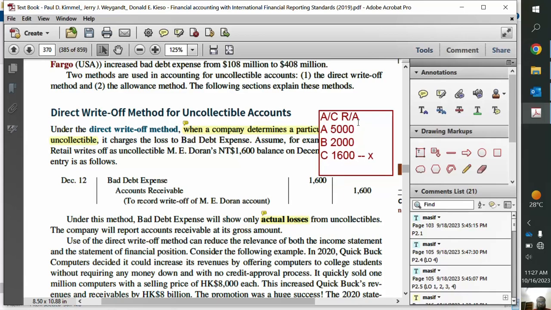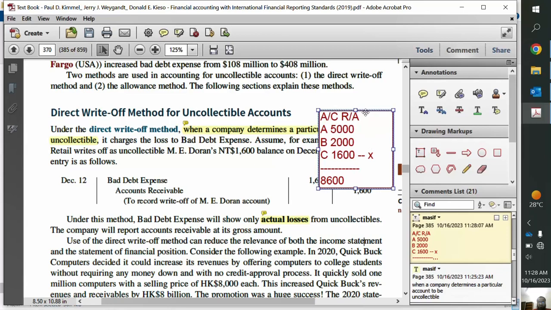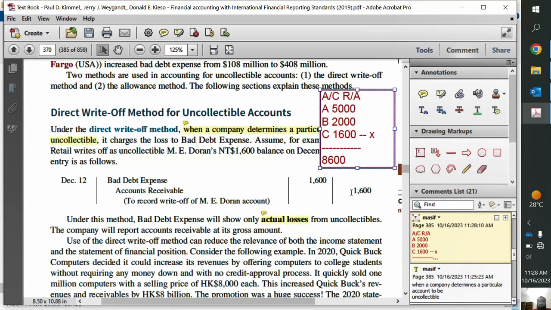So my total accounts receivable at this point would have been 8,600, and when I credited 1600, as we saw in this entry, my accounts receivable decrease to 7,000. If somebody asks why you have reduced by 1600, we can show that it is customer C, who has gone bankrupt, so we are not going to receive this amount.